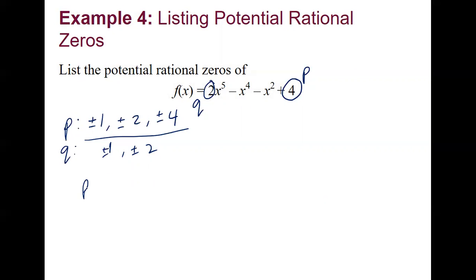So then your potential zeros come from dividing each one of these. 1 divided by 1 is 1, so plus or minus 1. That's a potential number. Then 2 divided by 1 is 2. 4 divided by 1 is 4.